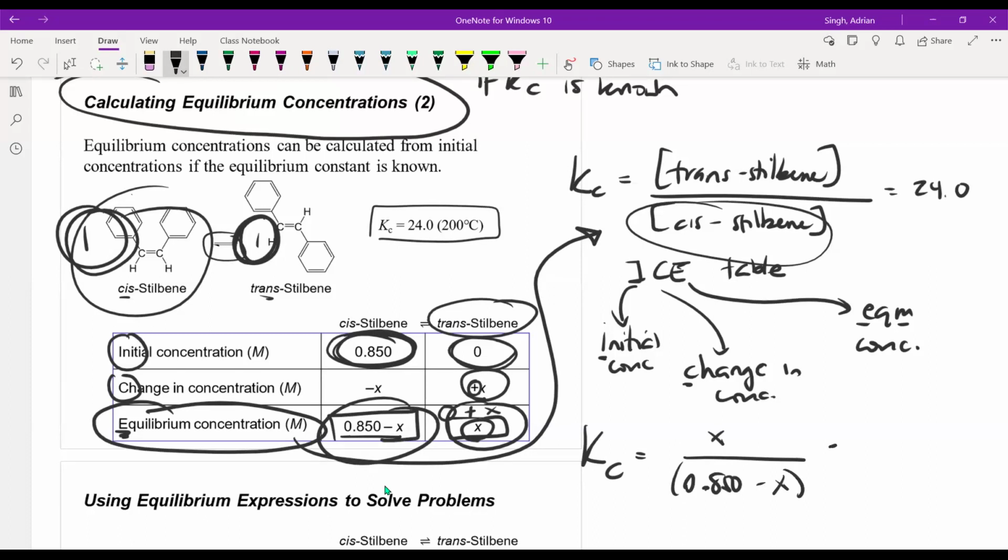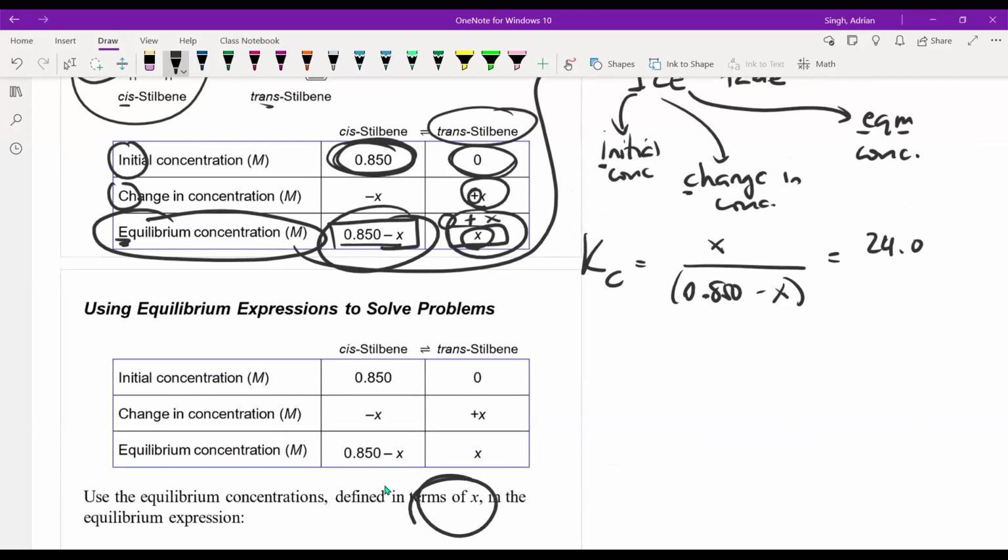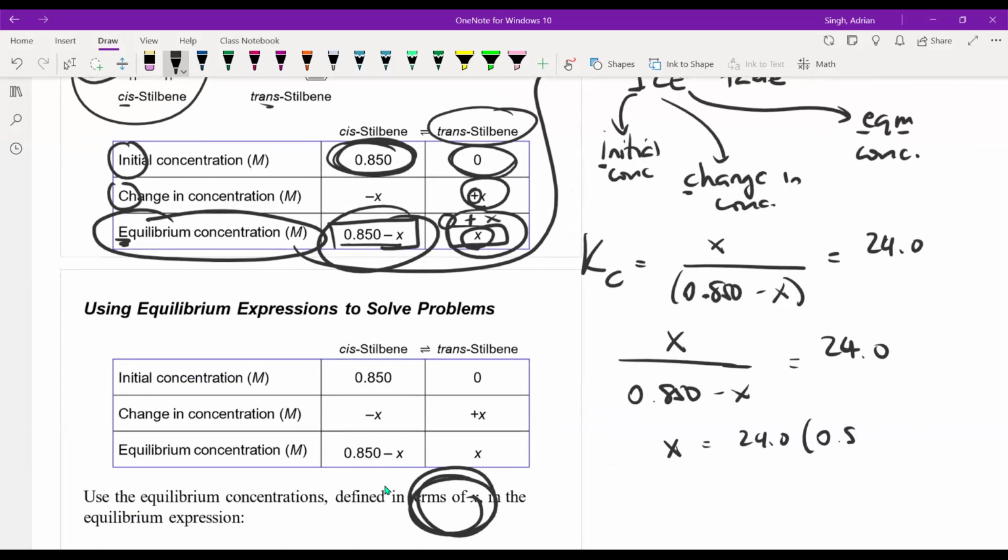And when we evaluate this, we end up with 24.0. So this again just becomes a math equation. We've defined the equilibrium concentrations in terms of this unknown x, and we can simplify this. So let's say x over (0.850 minus x) is equal to 24.0. Rearranging our equation, we have x is equal to 24.0 times (0.850 minus x).